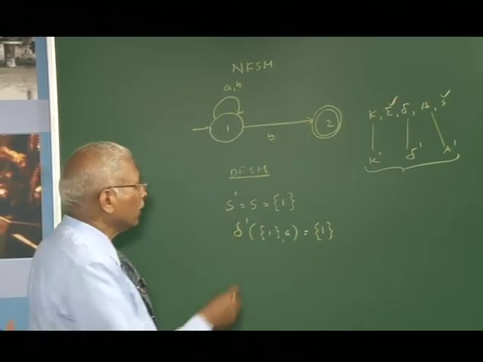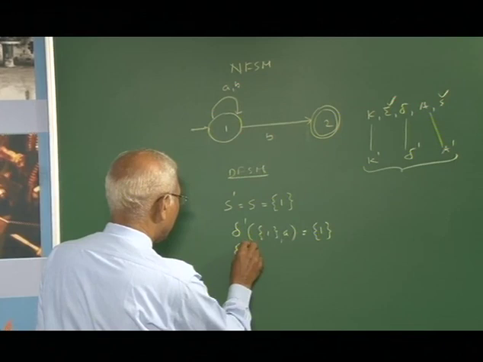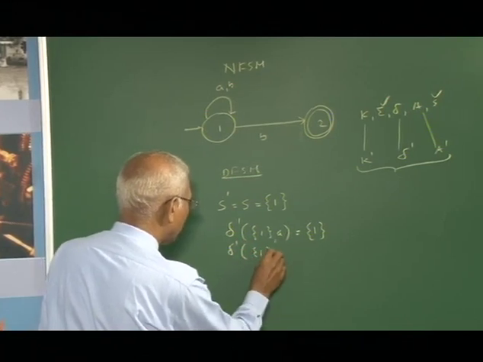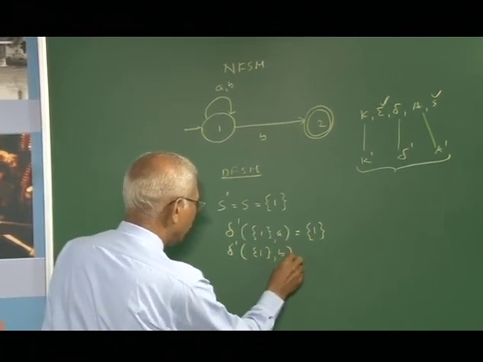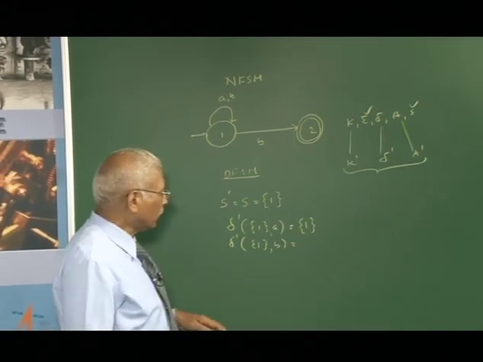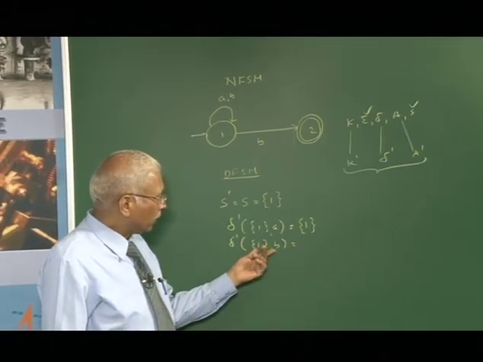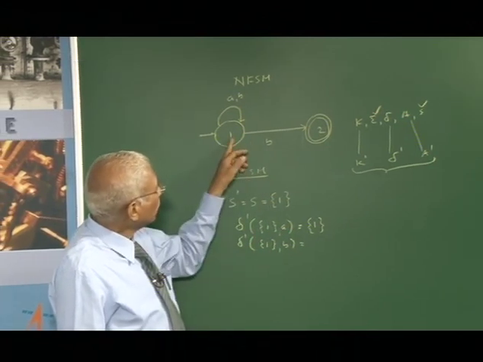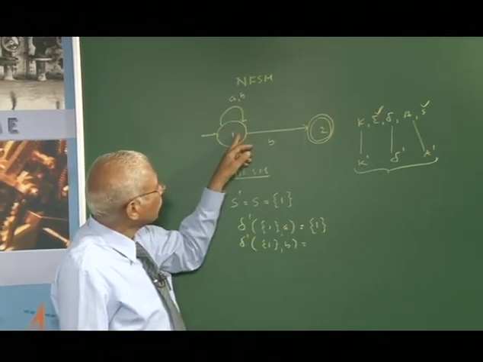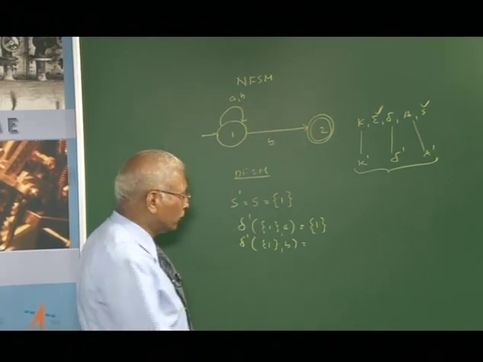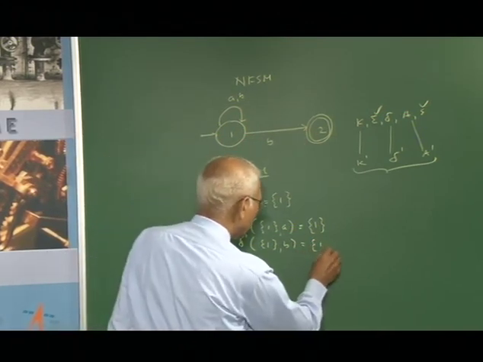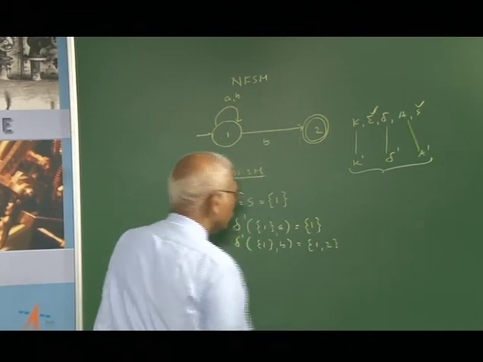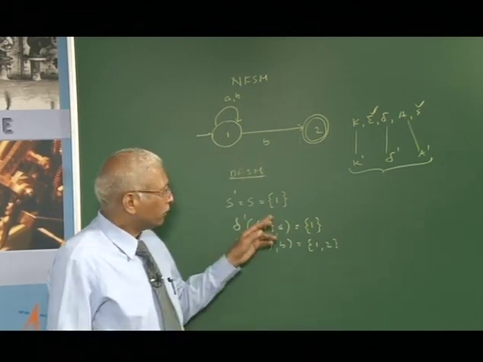Okay. Similarly, you have delta dash of 1 on B. How to calculate? This is what we want to calculate, but for this you have to go to 1 on B. 1 on B will go to 1 and 2. It will go to 2 states, 1 and 2.